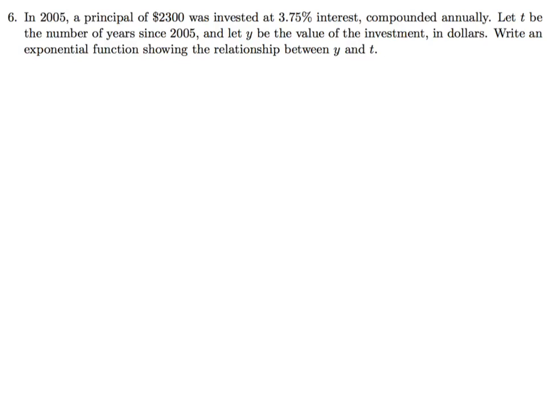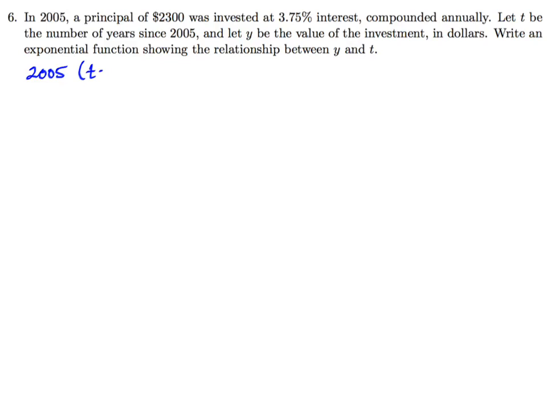So let's look for a pattern and see if we can write down an equation that sort of summarizes the pattern that we found. So first of all, we're told that the initial investment was $2,300.